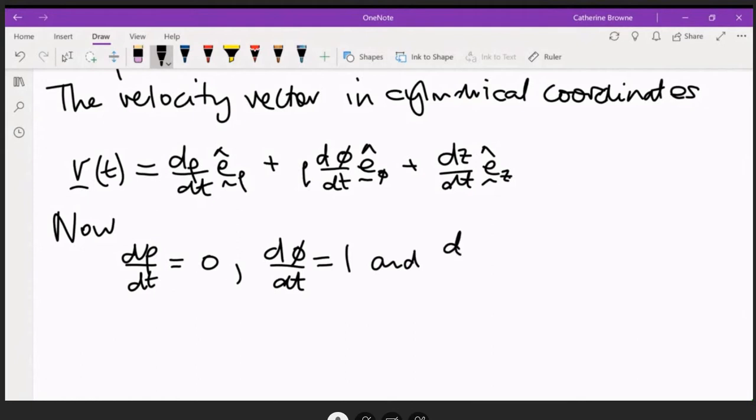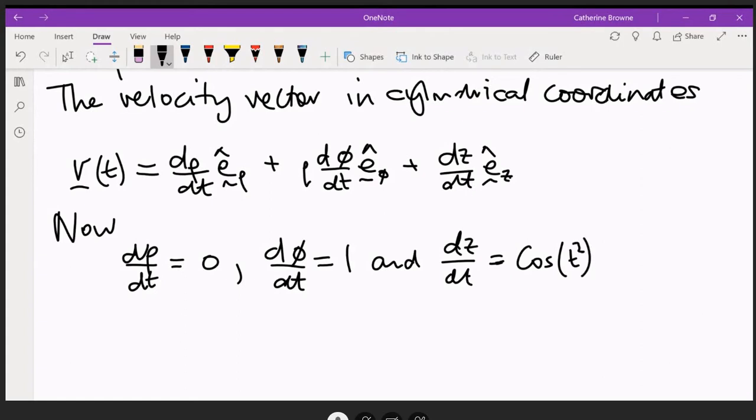And if we differentiate z with respect to t, z was sine t squared, so differentiating sine we get cosine, but then we also have to differentiate the bit inside, so we get cos t squared times 2t.